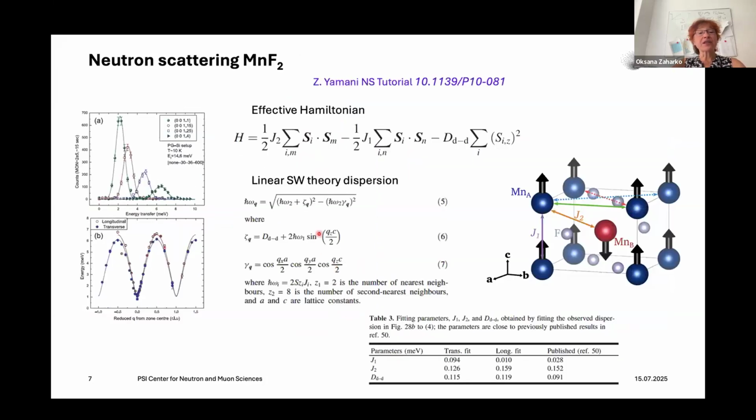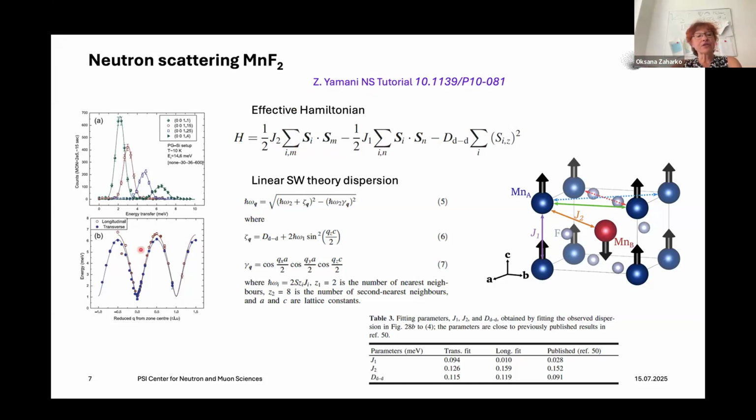In the same manual, or this textbook, it is also explained what you get from the measurement, right? You are measuring some peaks, energy transfer and intensity at specific Q values, and you then build a dispersion, right, which is somehow related to your spin waves. And once more, you're not measuring the Hamiltonian, right? You have a model, you have some effective Hamiltonian with some J's, which are first coupling, second coupling, whatever.